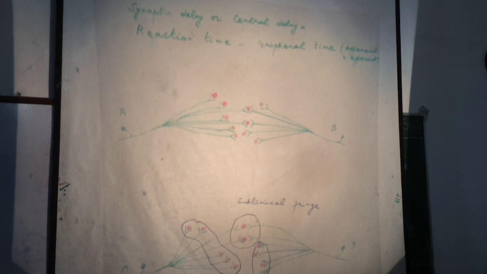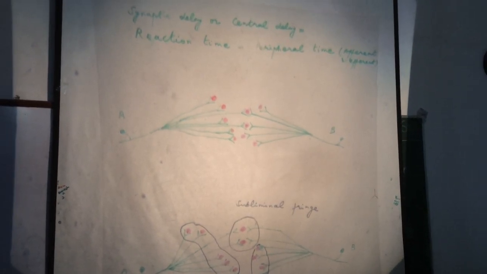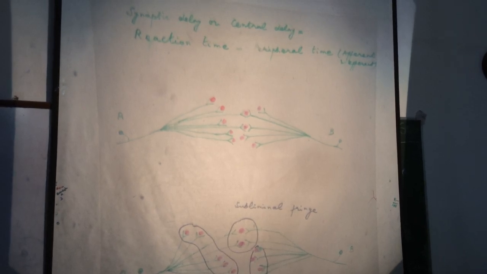It means this reflex is disynaptic, having two synapses in the center of the reflex arc. If synaptic delay is more than 1.5 millisecond, it means it is a multisynaptic or polysynaptic reflex.